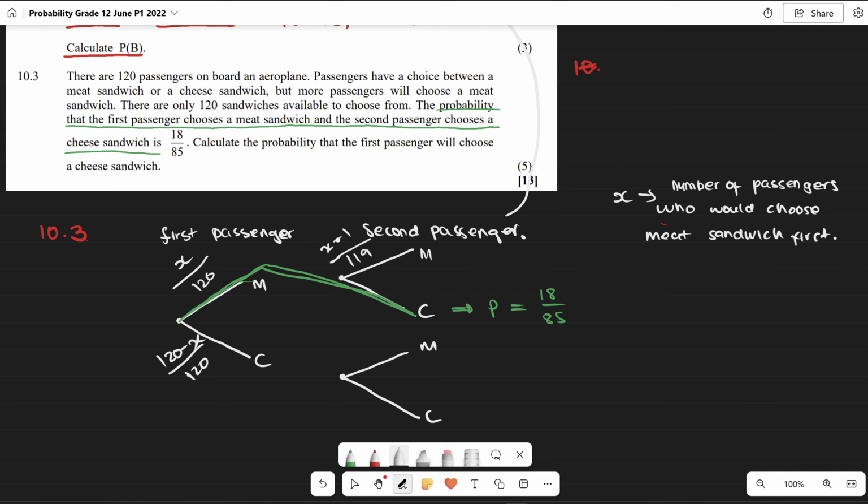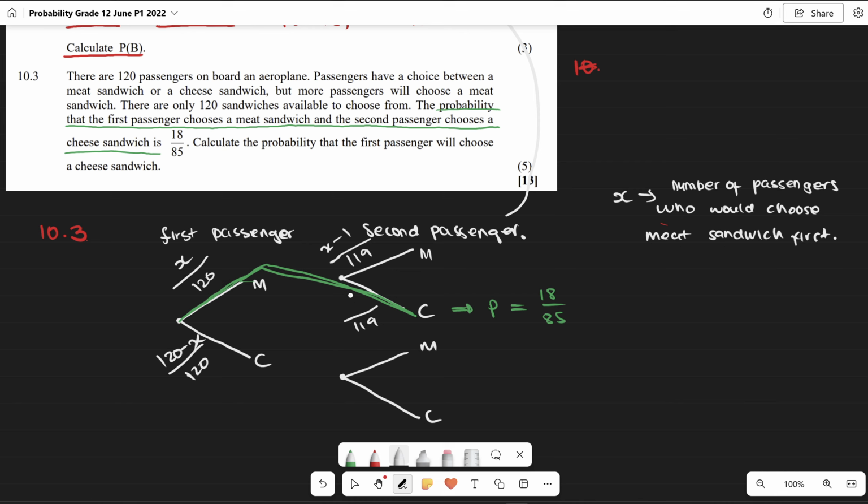So if this is x minus 1, our total here is 119, because our sample space has reduced by 1. The probability here and the probability here, when we add them, should give us 1.